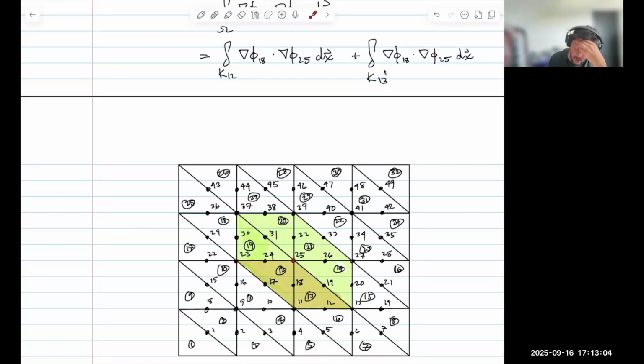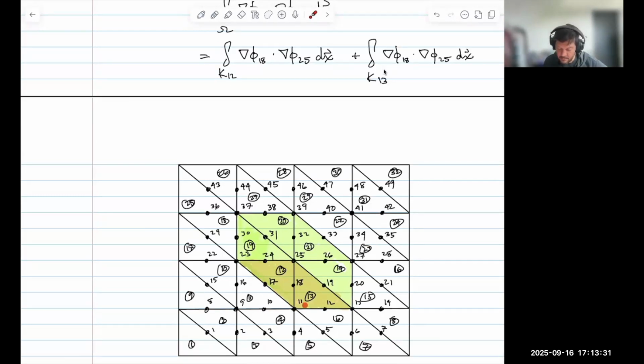You can see there's all possible combinations. This guy could be in the intersection of the supports of a bunch of different triangles. So what I'm going to do is calculate what's called a local stiffness matrix associated to each triangle, and then I'm going to reassemble them in the global stiffness matrix. That's a complicated thing to do, so I have to prove to you that it can be done.